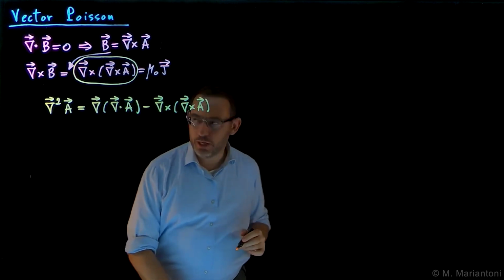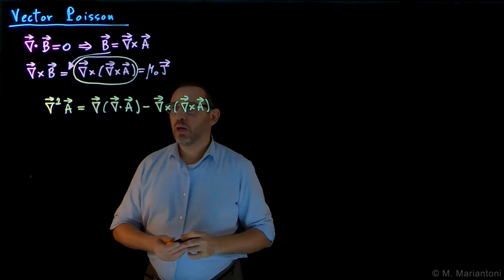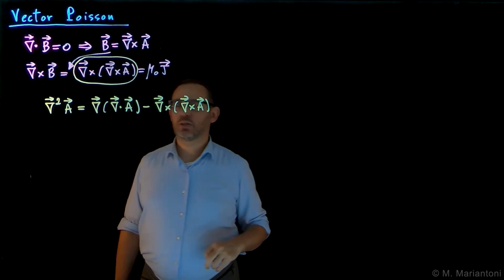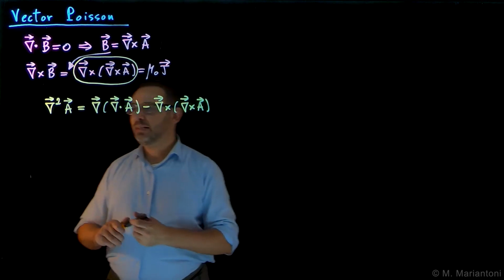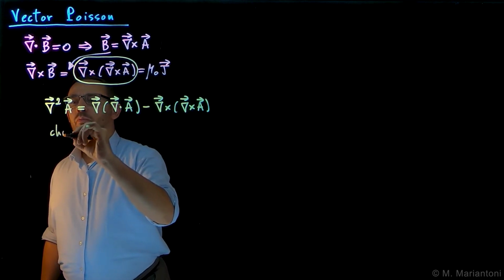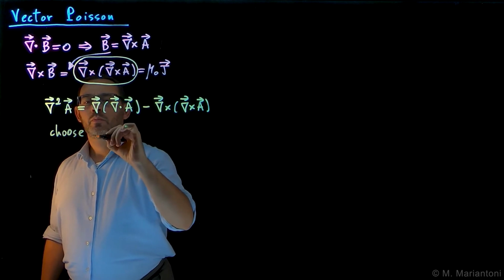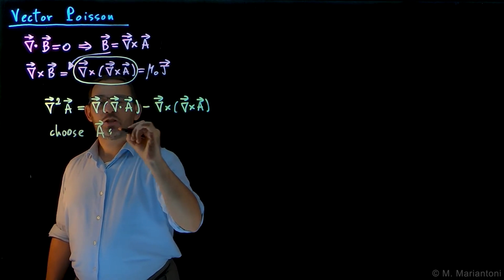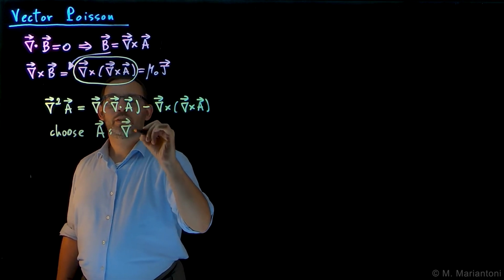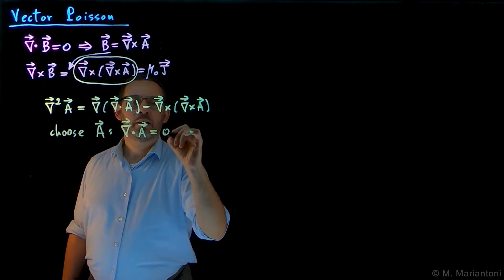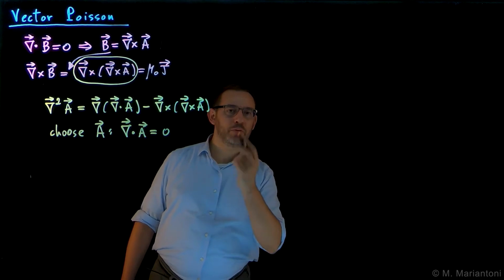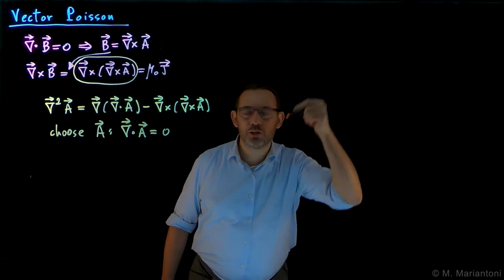Now, as we already know, among all possible infinite A's which I can associate with the vector field B, I can always choose one such that the divergence of A is equal to 0. I need to choose a proper phi naught, as we've seen in the previous video. So I can always choose among the infinite A's one which is also solenoidal.